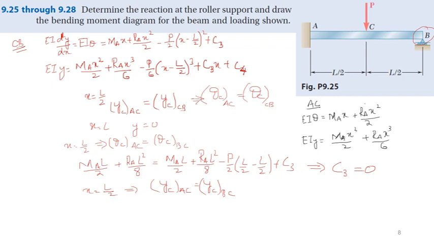So let me change the color so that the C3 value is 0. And if you put it, that will become MA L square by 8 plus RA L cube by 48, right?